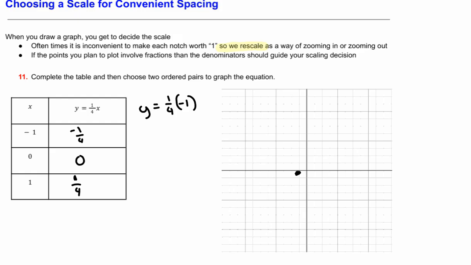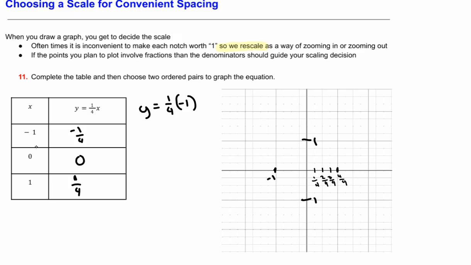But if we rescale the graph so that each one of these little lines is 1/4, that will make this a little bit easier. We could have gone even more, right? We could have made this 1/4. That would be fine as well. But I'm just going to leave it like this. Because these are all fourths, I made each one of these lines 1/4.